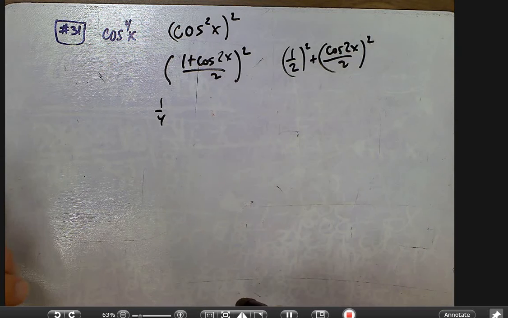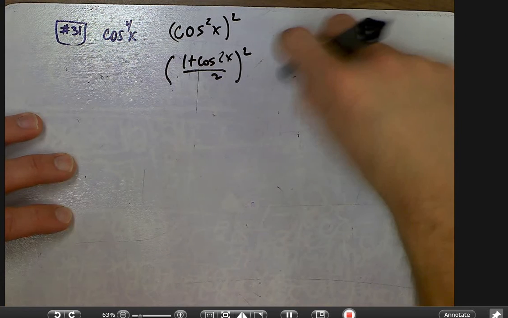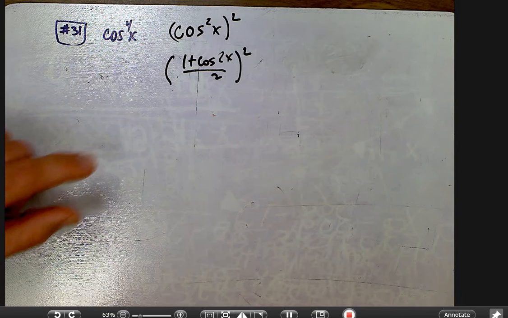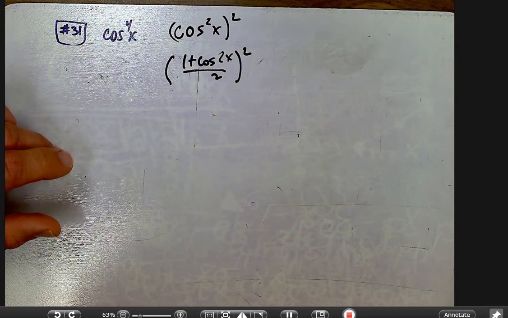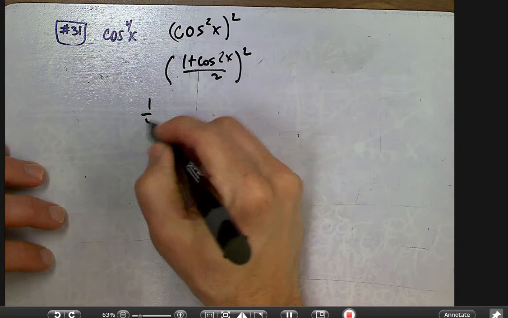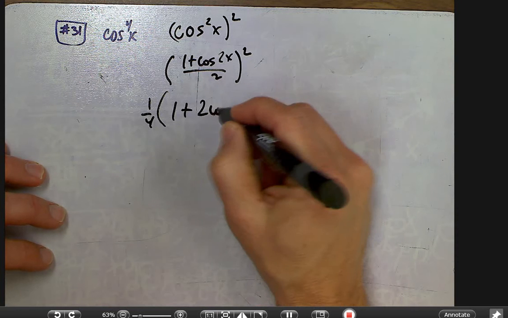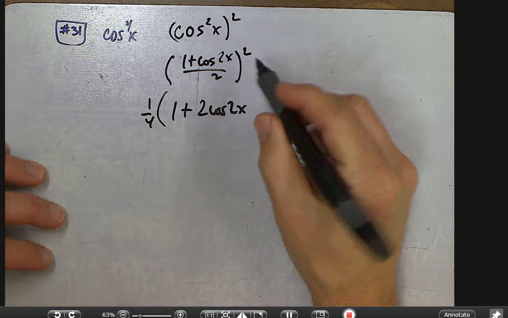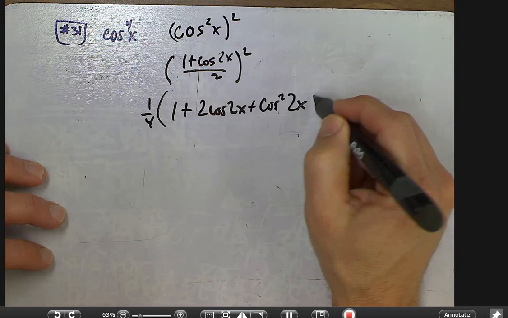Let's do a little bit more math here to help you try to get through that a little bit better. Well, anyway, you come up with 1/4 times 1 plus 2 cosine 2x plus cosine squared of 2x, like that.